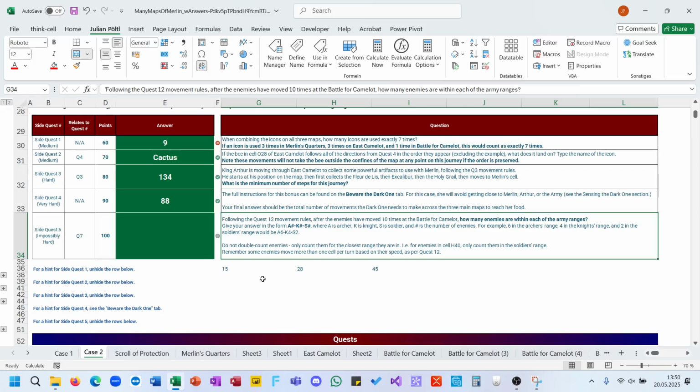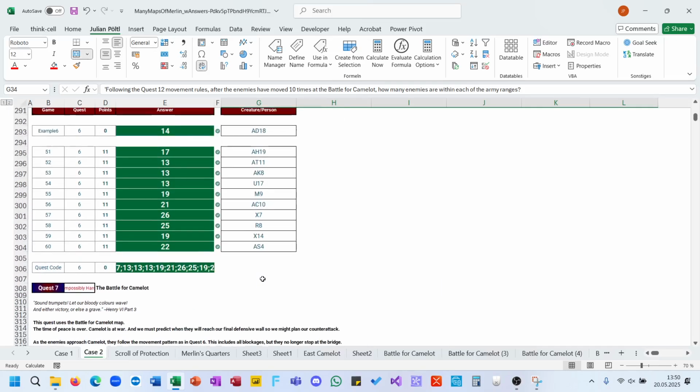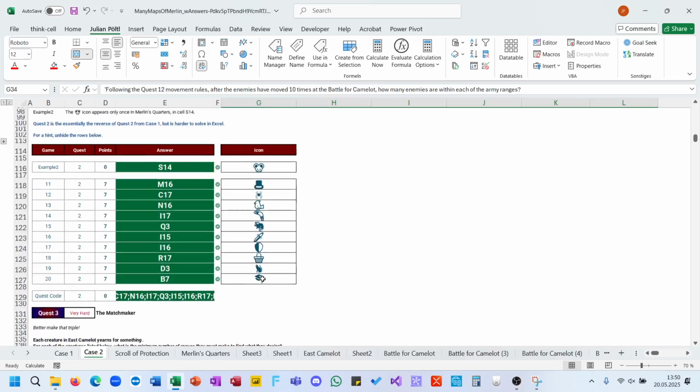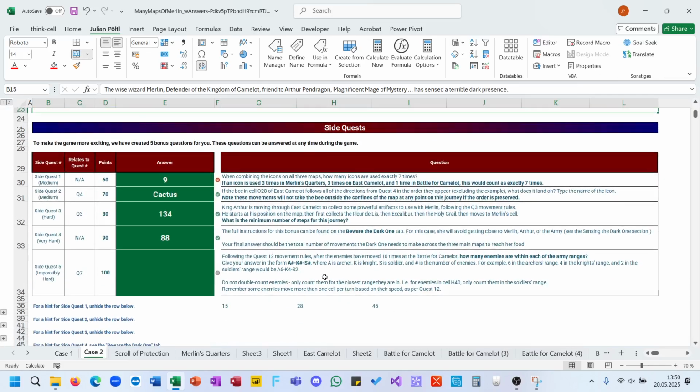Where's quest 11, 12? Where's quest 12? Oh boy.